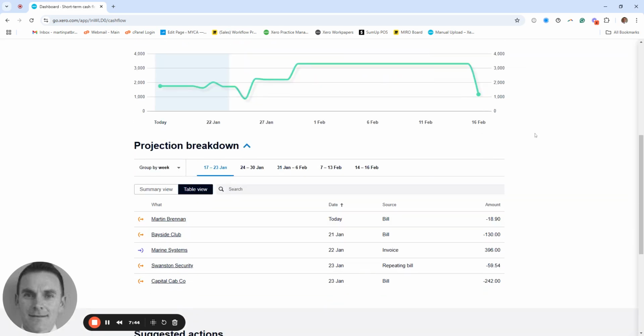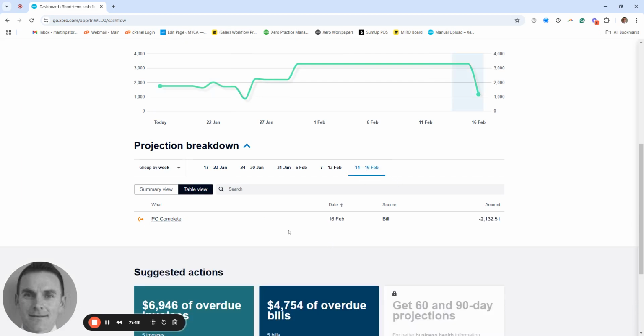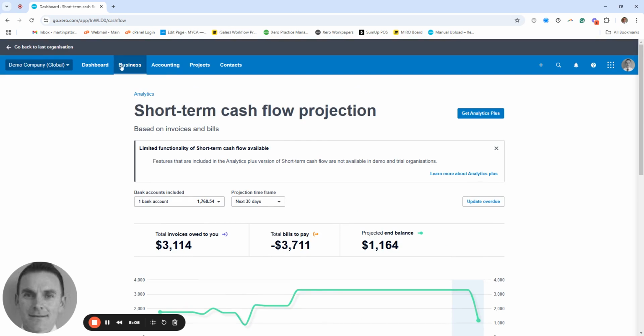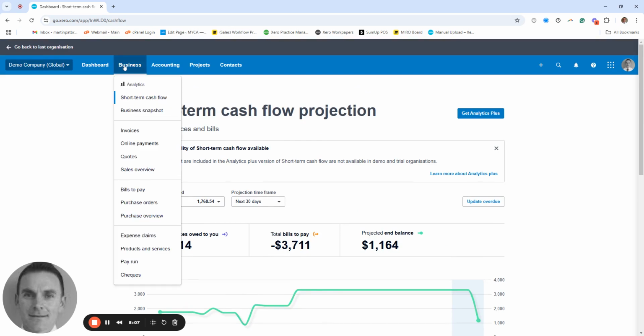So instead of having €64 on the 16th of February, we're at 1,164. As well as that, to make sure that you are on top of your accounts receivable, this payment still needs to be made out of the cash flow. And maybe there are some other invoices that can be issued and pressure put on to make sure that they're paid in the meantime. Otherwise, you may have a potential issue.